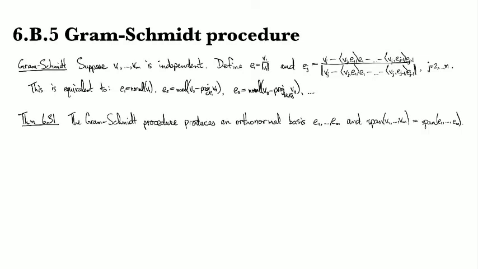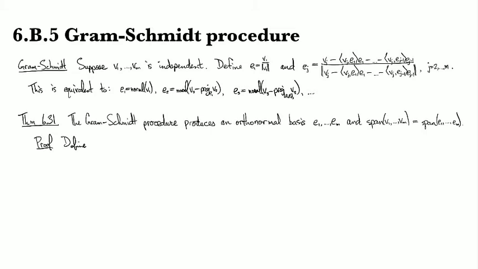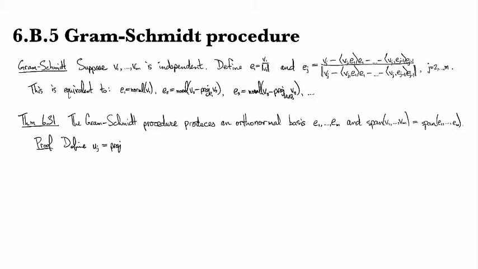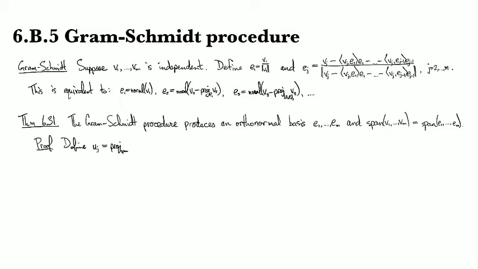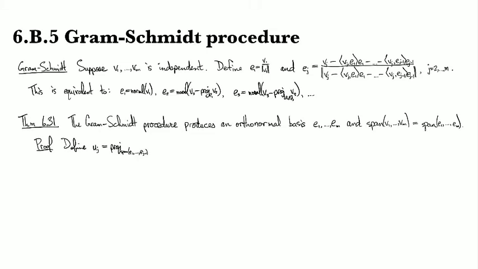So let's see. For the proof, I'm going to define Uj to be the projection of Vj to the span of E1 up to Ej minus 1, like so.